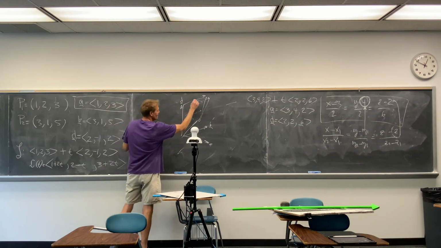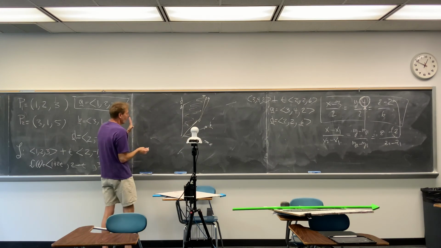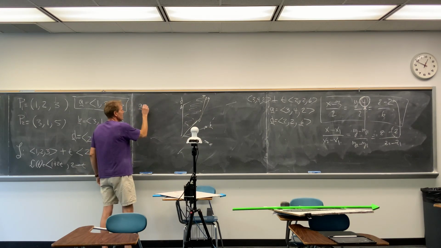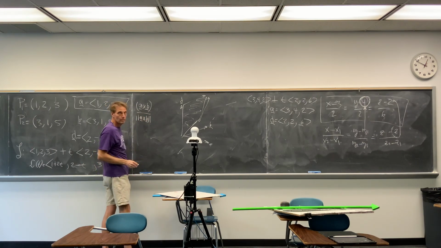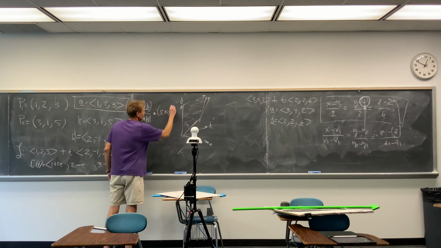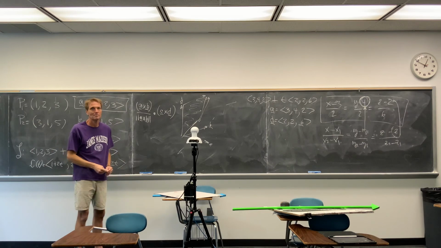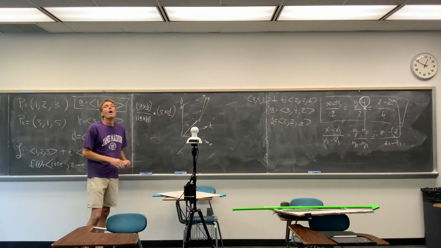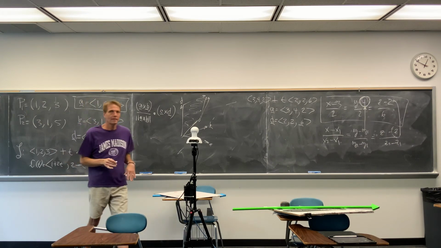So if you want to cast this shadow down here, you do A cross B divided by the norm of A cross B, dotted with C cross D. Yeah, I got the bottom.